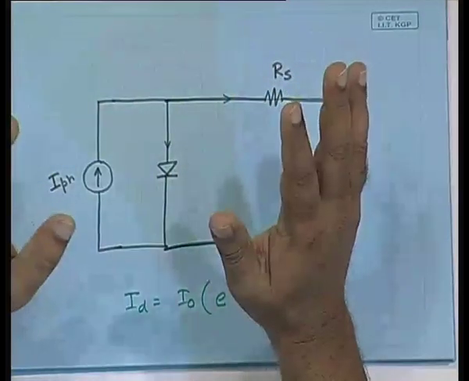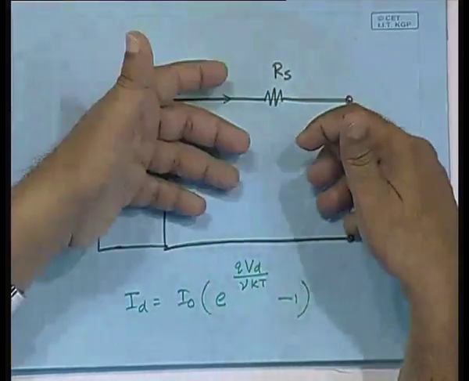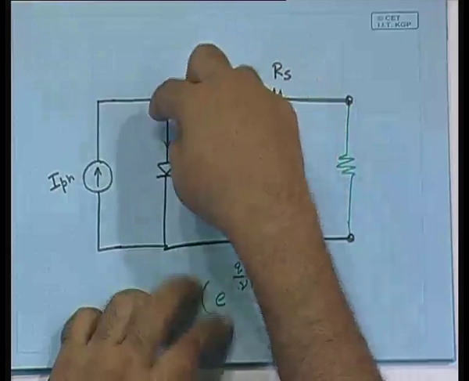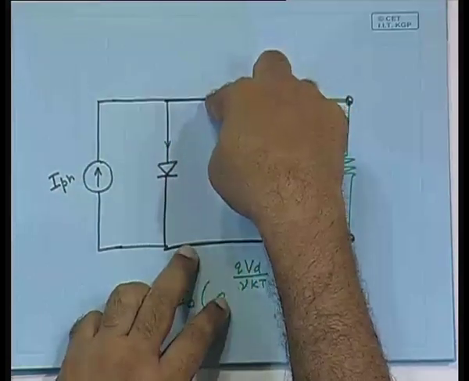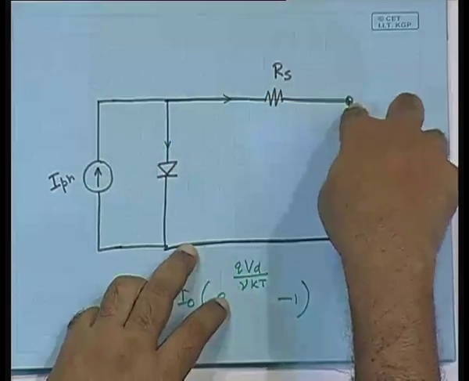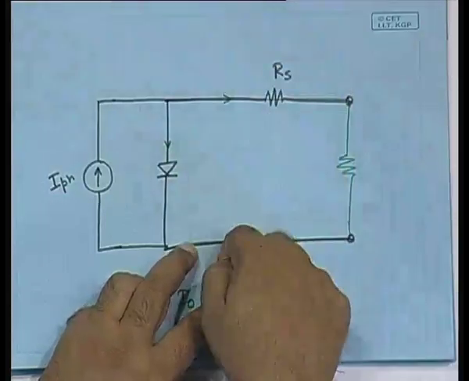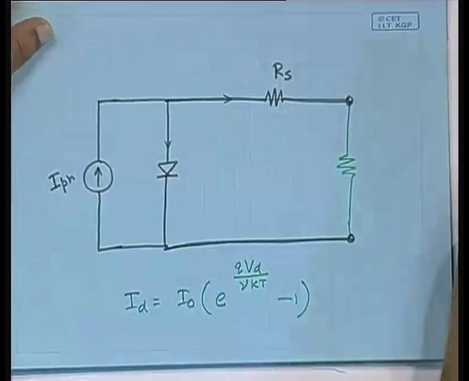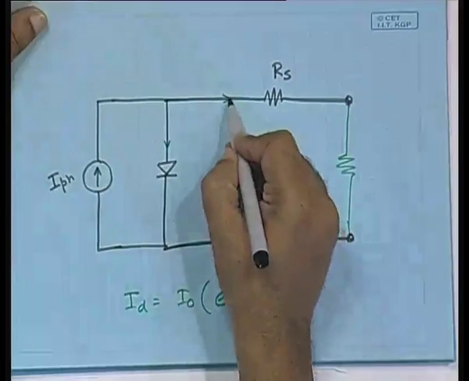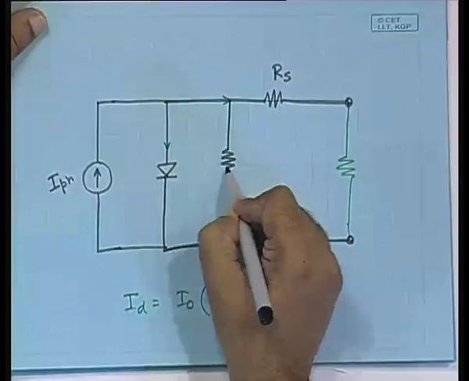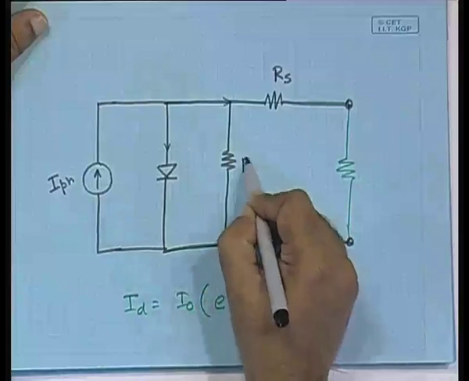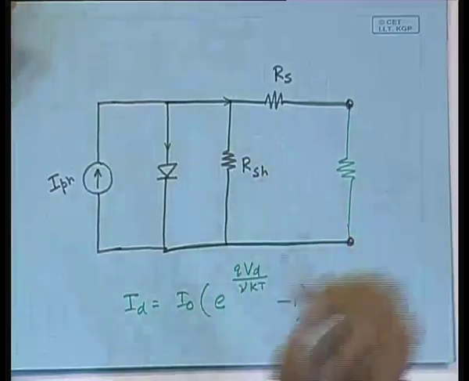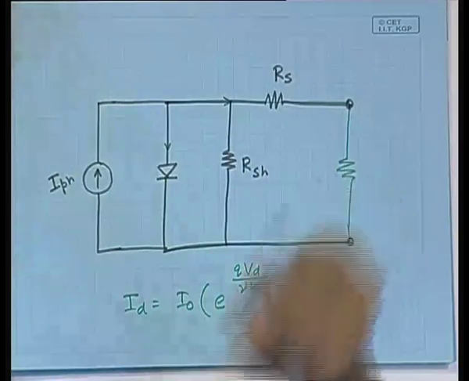So, it will not be reflected here, but after that a part of the current that goes here does not go to the load, it is somehow shorted through, shunted. So, naturally the way it has to be represented is by means of a shunt resistance here, RSH. So, what does RSH actually represent?